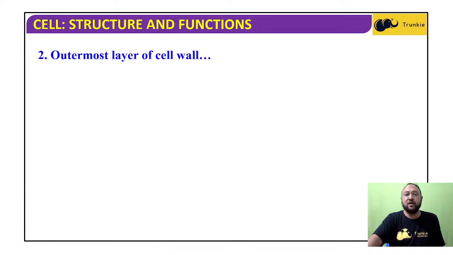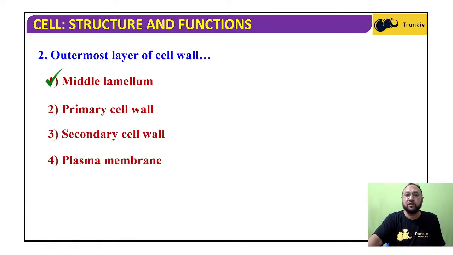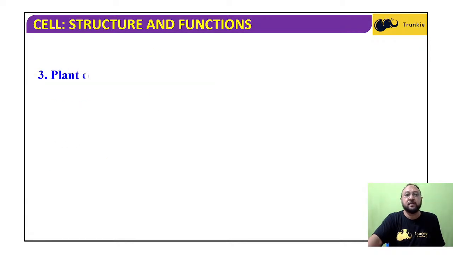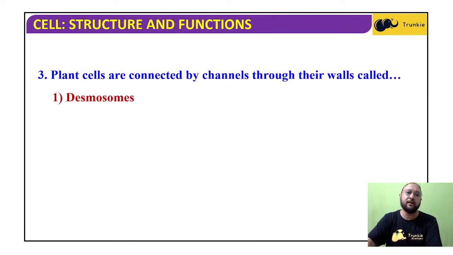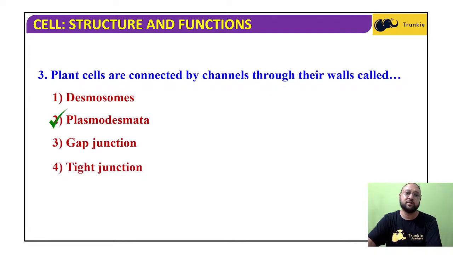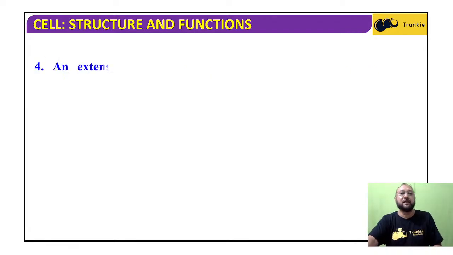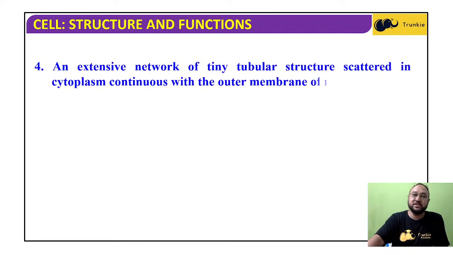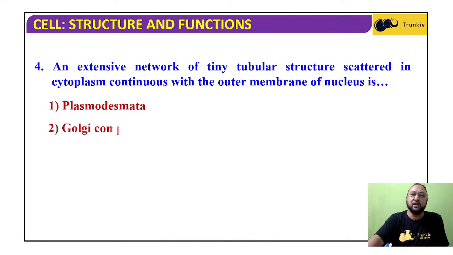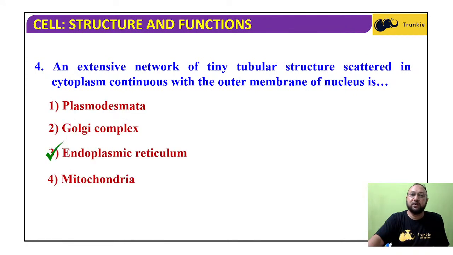Outermost layer of the cell wall, it is the middle lamella, not the primary cell wall, it's the middle lamella. Now, plant cells are connected by channels through their walls called plasmodesmata. Okay, so I told you. An extensive network of tiny tubular structures scattered in the cytoplasm, continuous with the outer membrane of the nucleus, is the endoplasmic reticulum.